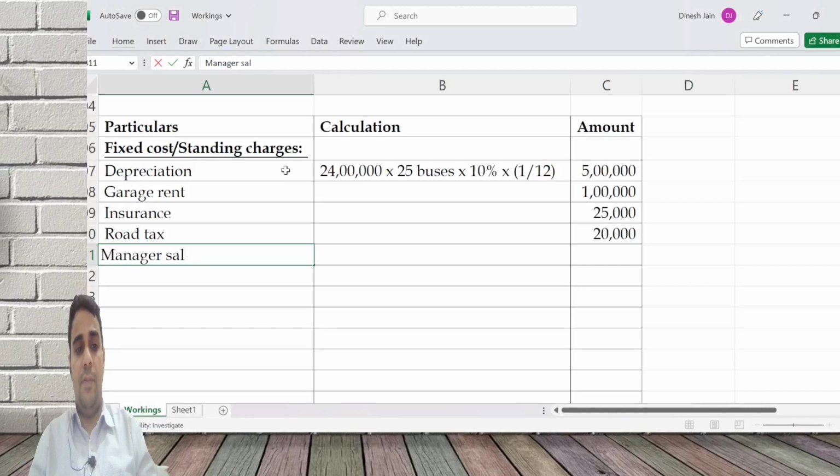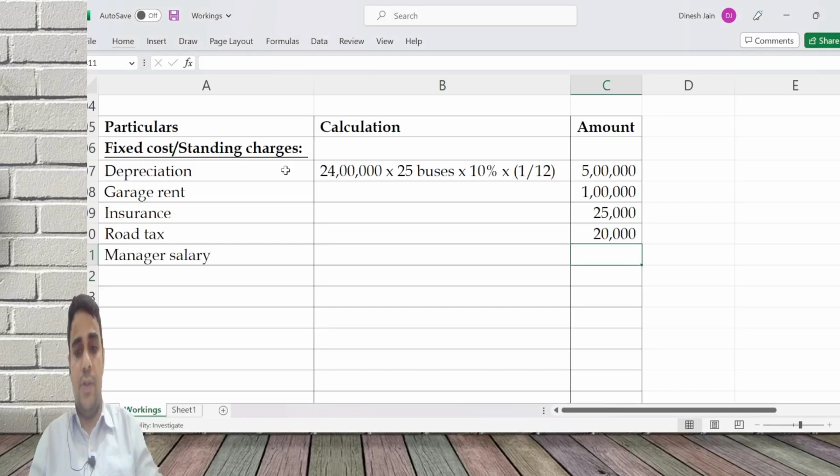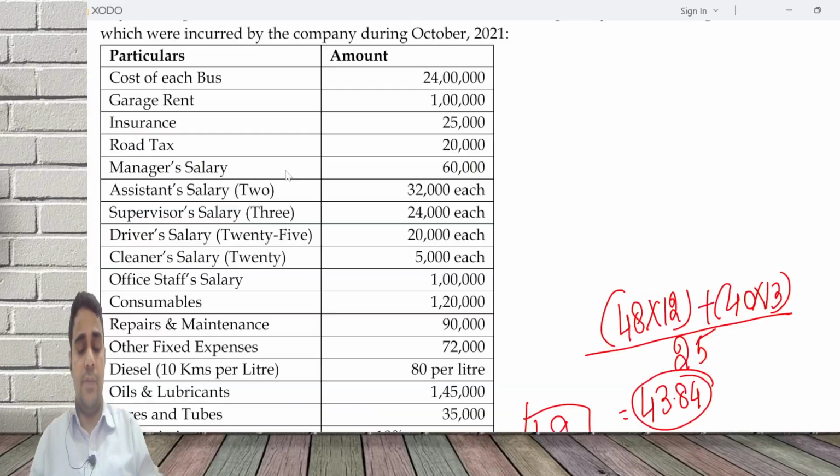Manager salary 60,000. Assistant salary 32,000 into two people, 64,000.